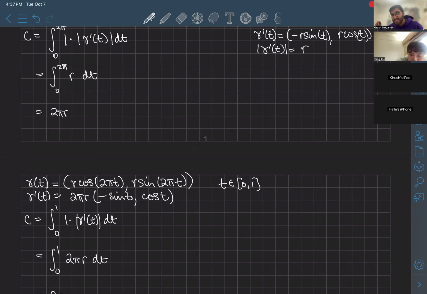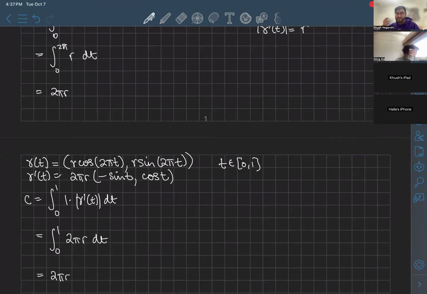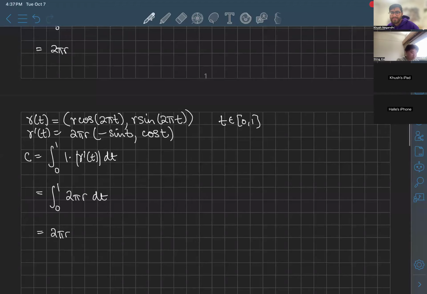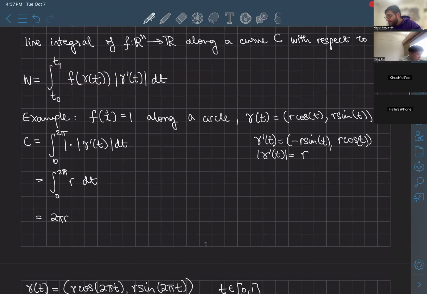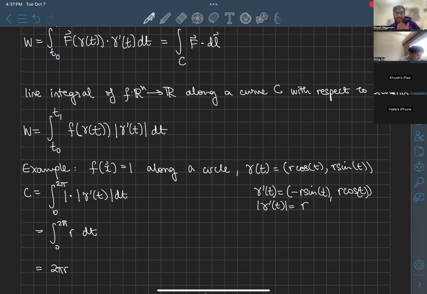So the speed of the parameterization sort of cancels out the change of variables. We'll see more generally how the change of variable formula is defined, and then we can make it a little more clear as to what's happening. But for now, if I take the integral with respect to arc length, or sorry, with respect to length of a function, it doesn't seem to depend on what the parameterization of the curve is. Okay. Are there any questions?